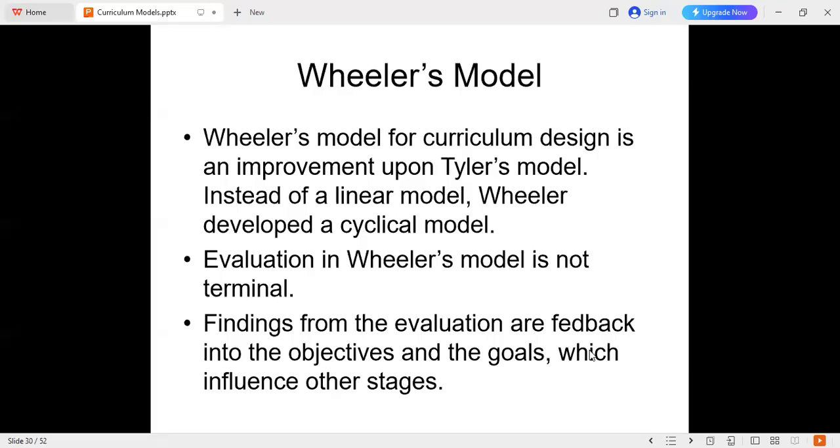Evaluation in Wheeler's model is not terminal. Here we can see that it is not the end. The evaluation step is not the last. Findings from evaluation are feedback. We saw that to a certain extent in the previous second model, where the objectives and goals influence other stages.